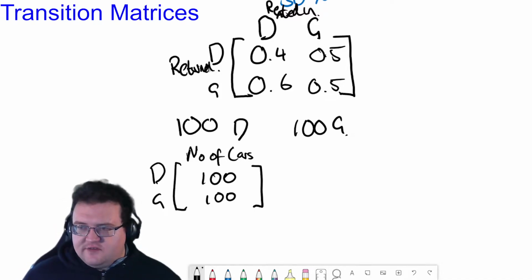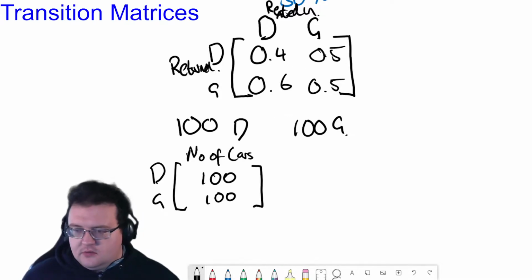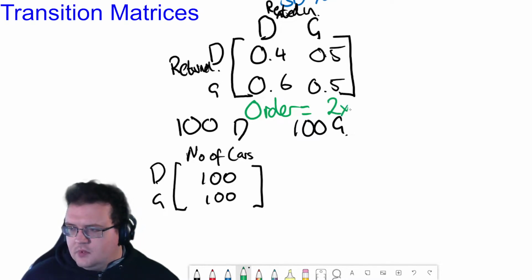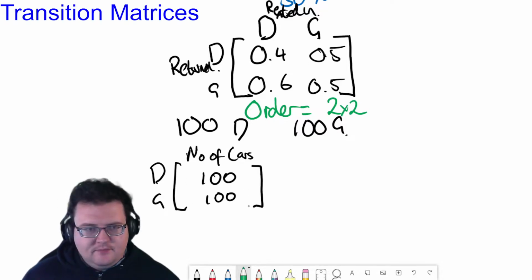So what sort of matrix have I got? What sort of matrix is this up here? What's the order of the matrix? Yeah, it's a 2 by 2. And what about this matrix down the bottom here?